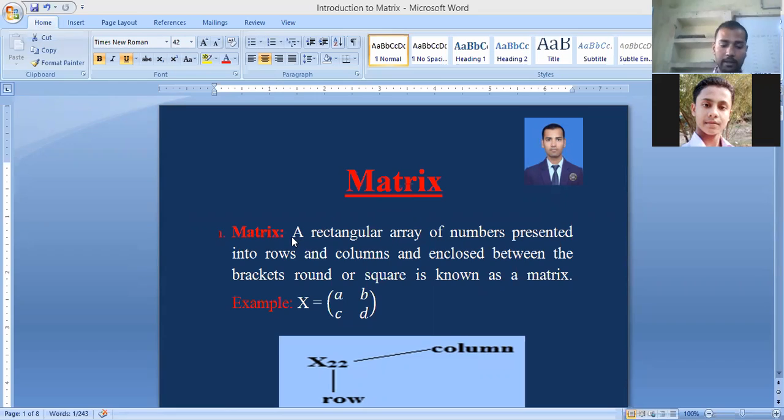Here you can read the definition: a rectangular array of numbers presented in rows and columns and enclosed between brackets, round or square. That means a small bracket or a big bracket is known as a matrix.